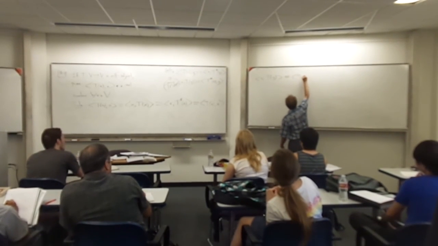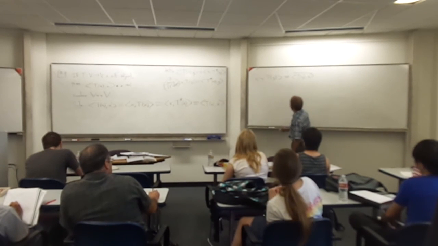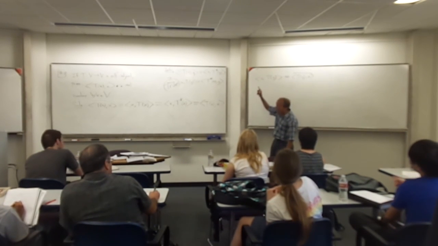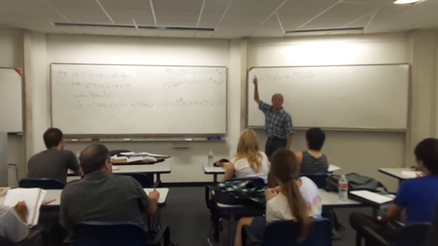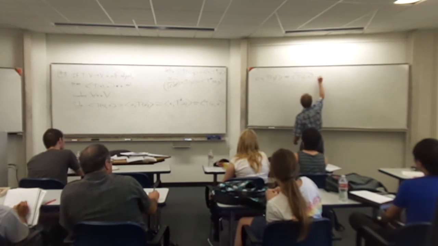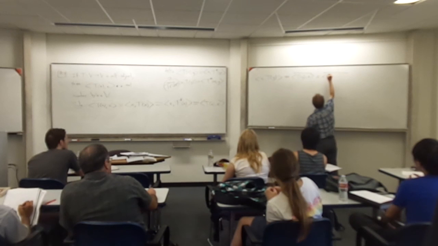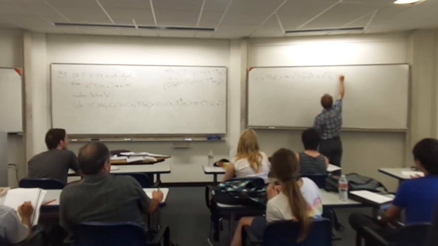I switch them and I put a bar on top. Now I'm ready to work underneath the bar using what I know is the definition. So underneath the bar, this changes to y, T star of x. And then guess what you do next?